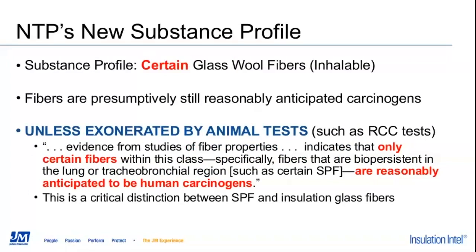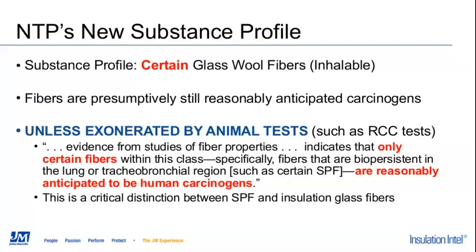They basically said in their updated substance profile, and this is from July of 2011, that all of these glass wool fibers are presumptively still potential carcinogens, unless they're exonerated by an animal test, such as the one that we described earlier, these RCC tests. And you can see that even the name of the substance profile was changed from glass wool fibers to certain glass wool fibers.